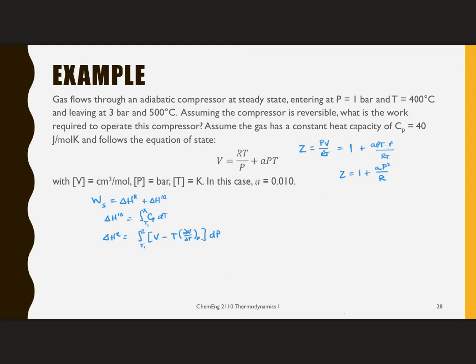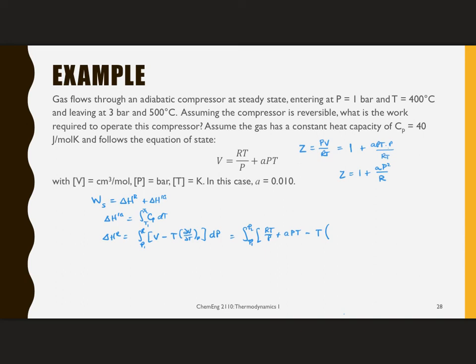These are from P1 to P2, excuse me. V is RT over P plus APT, minus T times dV/dT at constant P, and I'll take that derivative. So P is a constant, R is a constant, A is a constant.